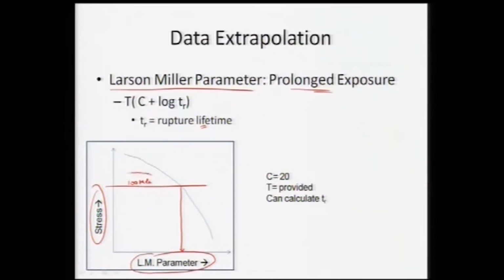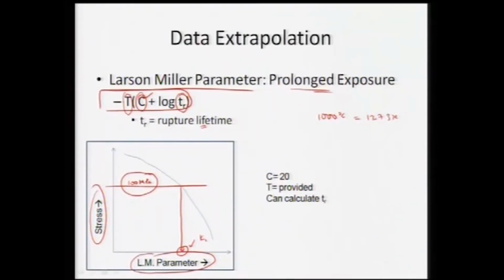Now, once we know that a stress of 100 MPa gives such and such Larsen-Miller parameter, and if we want to calculate the rupture lifetime, say in this case we want to utilize a temperature of 1000 degree centigrade or 1273 Kelvin. Once we know the Larsen-Miller parameter, say it is the value of K, and C is generally 20, we can always calculate the rupture time.